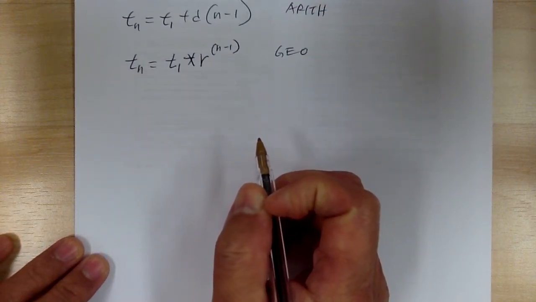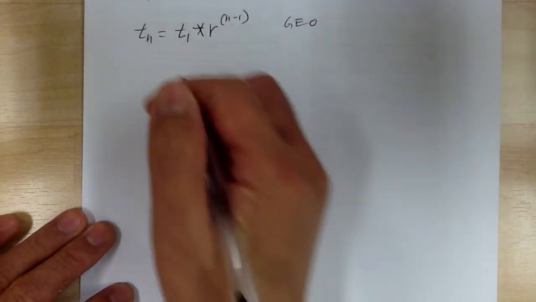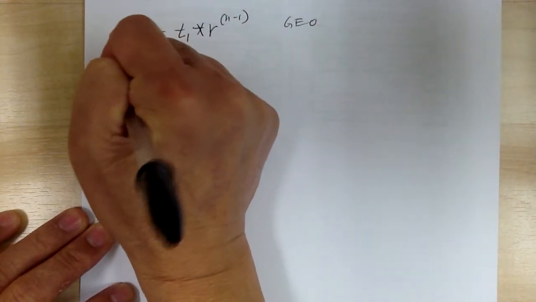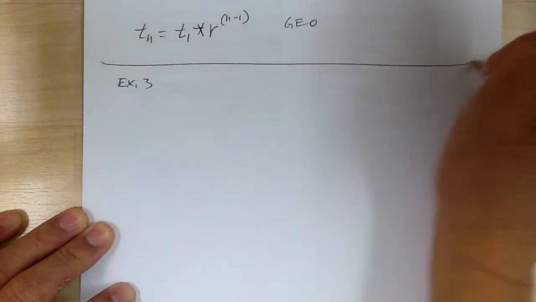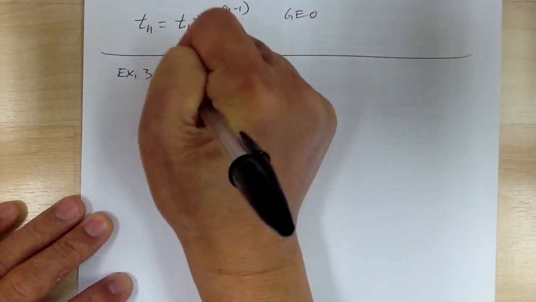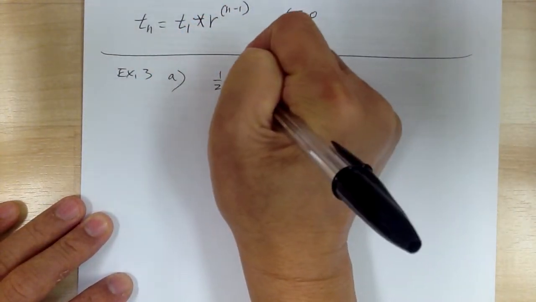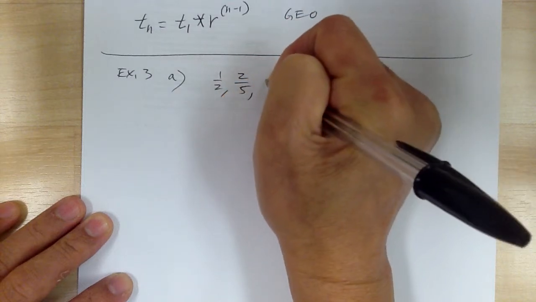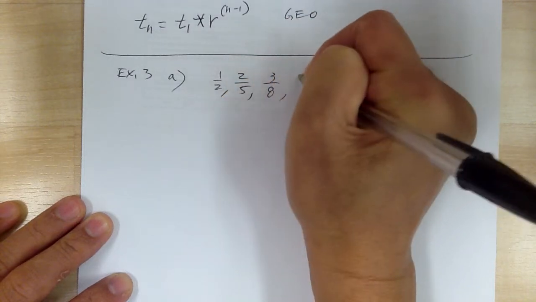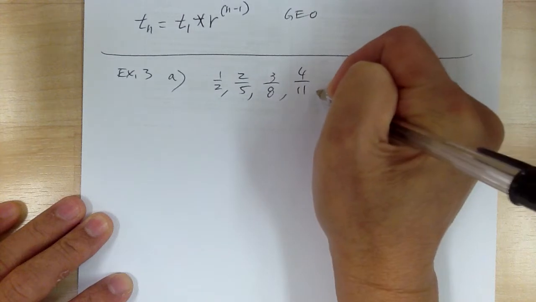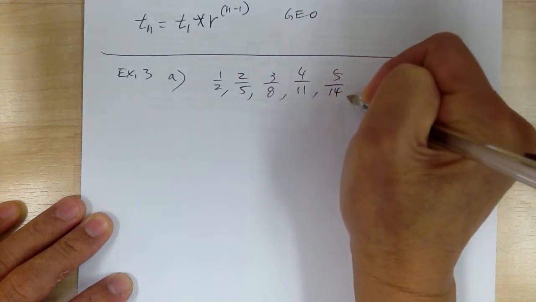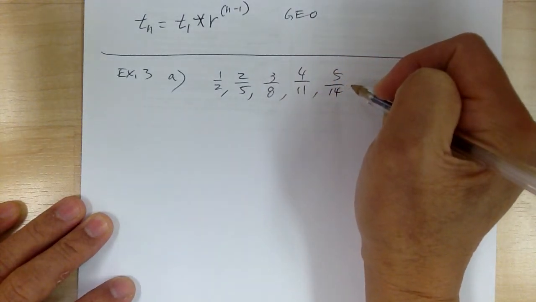So for example, let's go to example 3. And look at A. You have 1/2, 2/5, 3/8, 4/11, 5/14. Okay, and you're looking for t of n.